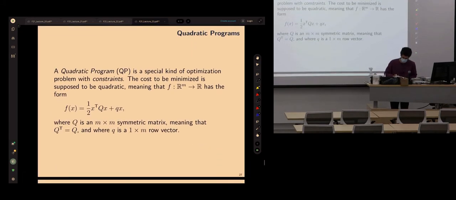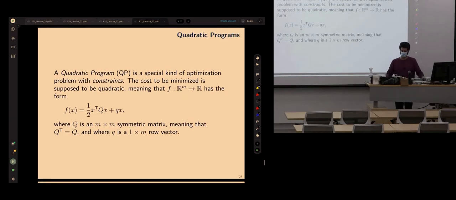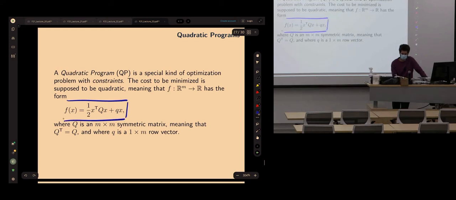Now let's talk about QPs. Quadratic programs are a special type of optimization with constraints. The cost function has a special form. It's quadratic in the sense of the vectorized version: X transpose times Q times X plus q times X. Small q is a row vector.